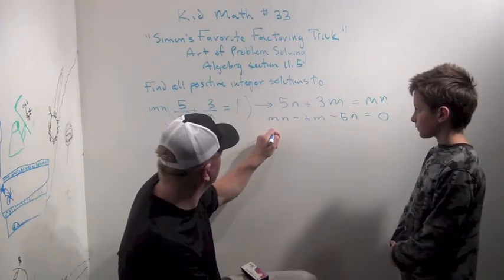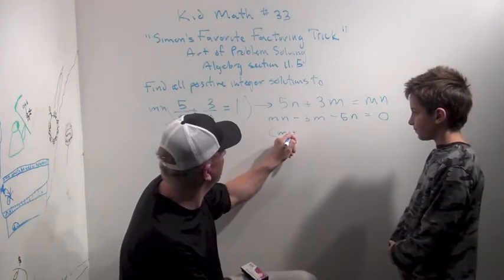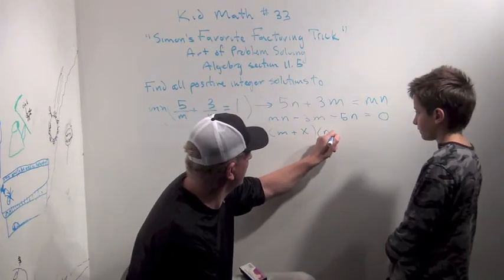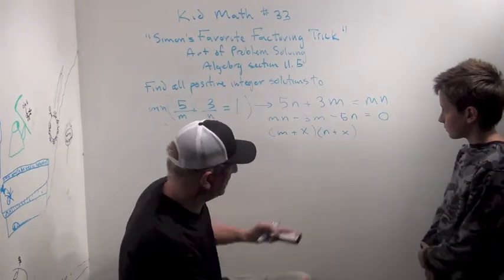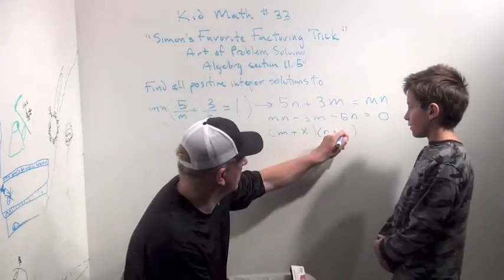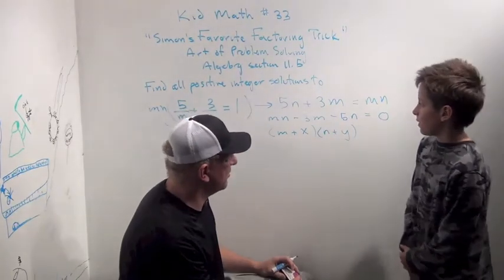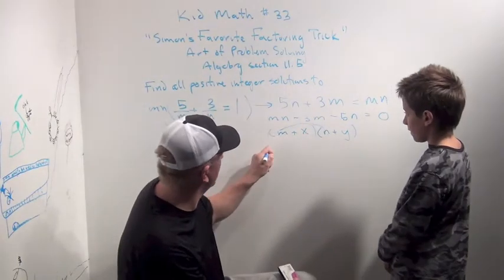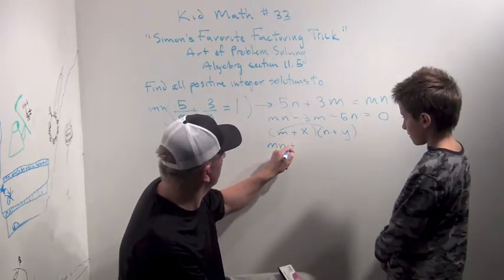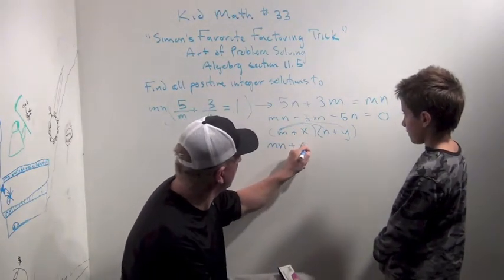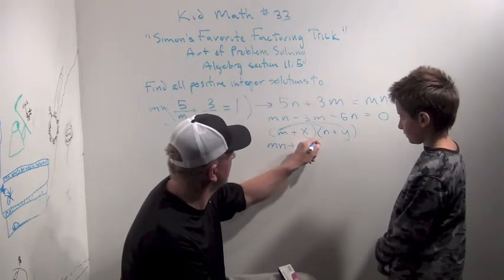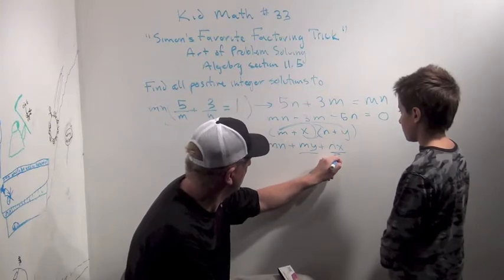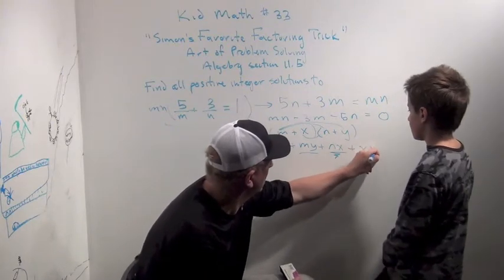We're going to factor this into m plus x, where x is a constant, might not necessarily be an integer, times n plus y. Okay? So when I multiply this out, I get mn, which I have, plus m times y, remember y is a constant, plus n times x, plus xy.